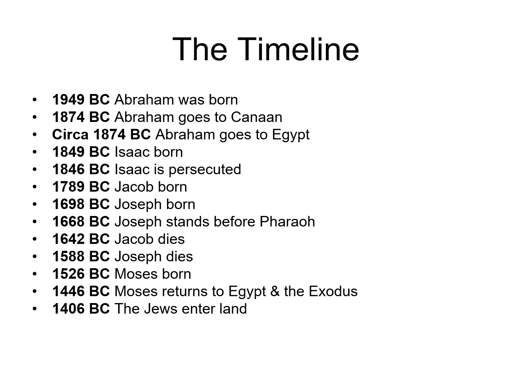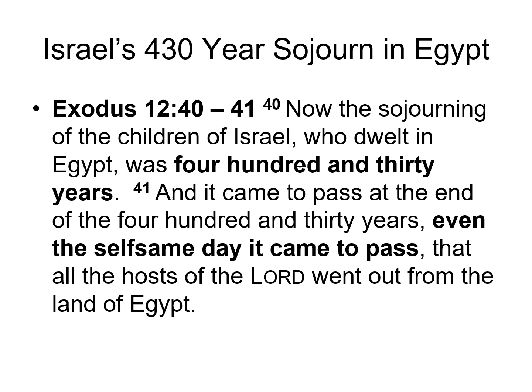So this leaves us with a challenge presented by Exodus chapter 12, verses 40 to 41, which tells us that Israel sojourned in Egypt for 430 years. So let's turn there and see what exactly it says. So this passage says, "Now the sojourning of the children of Israel, who dwelt in Egypt, was 430 years.